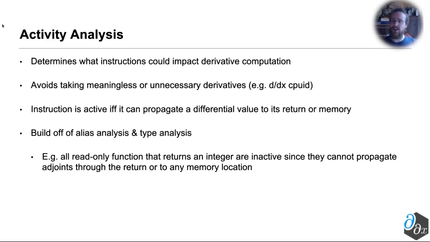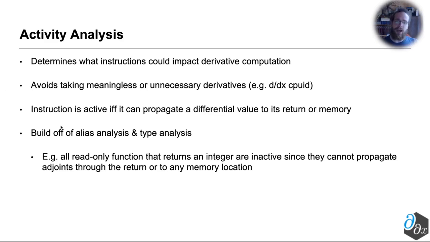As I mentioned, activity analysis determines what instructions could impact derivative computation, and it has two side effects. One of them is that there are non-differentiable operations. As an example, CPUID is not differentiable, and defining what it would mean to differentiate it would be impossible.